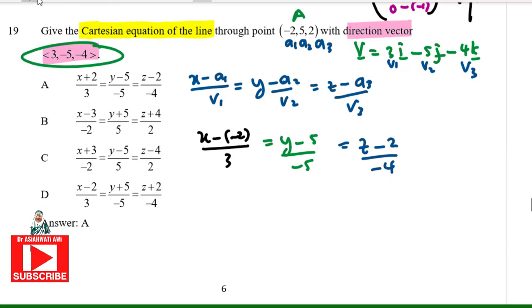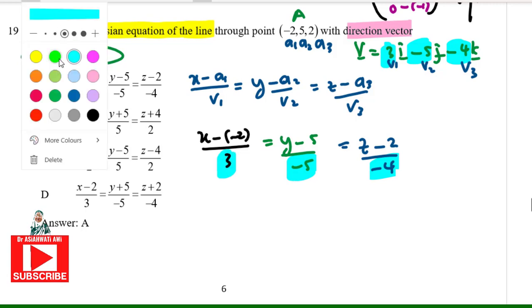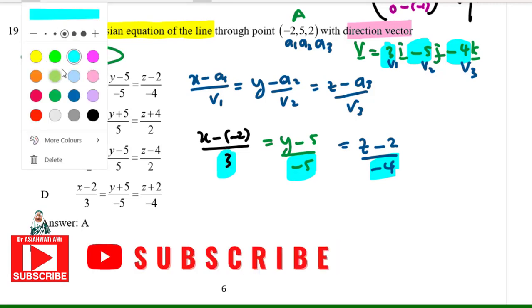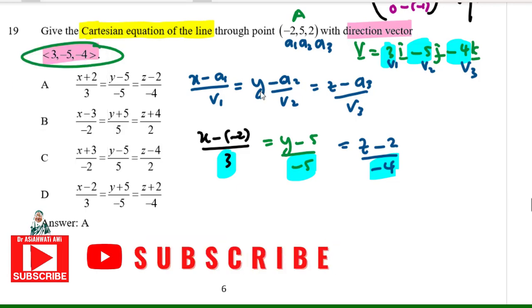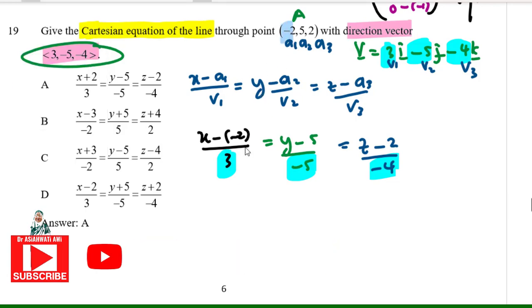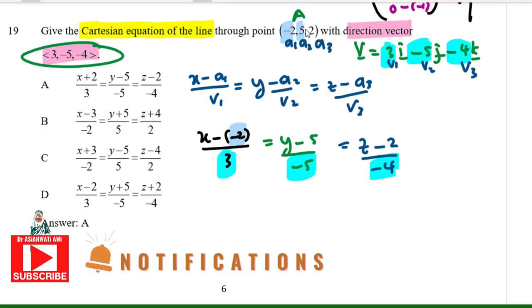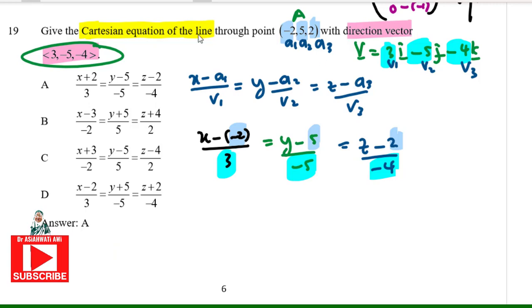Check this one: negative 4, negative 5, 3, and a1 is negative 2, 5, 2. The pattern is minus, minus, minus.